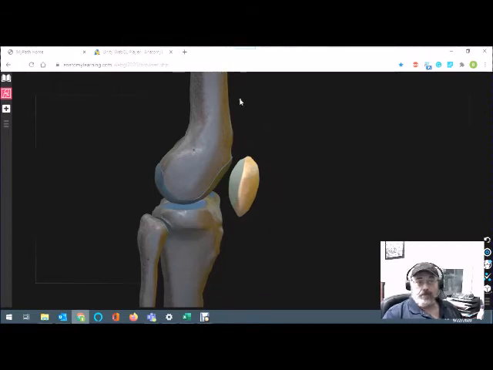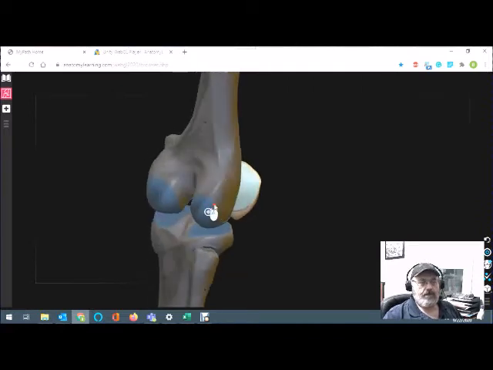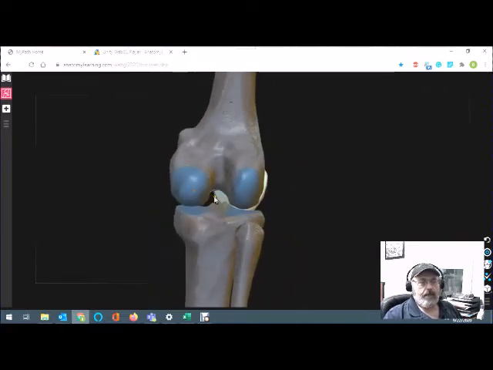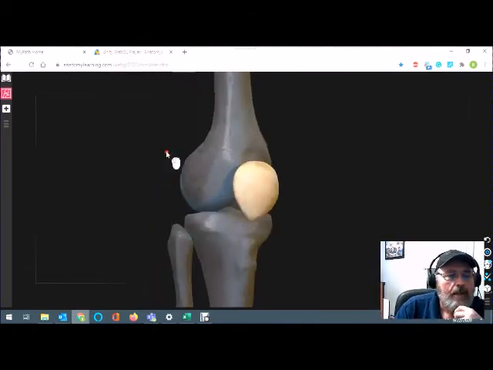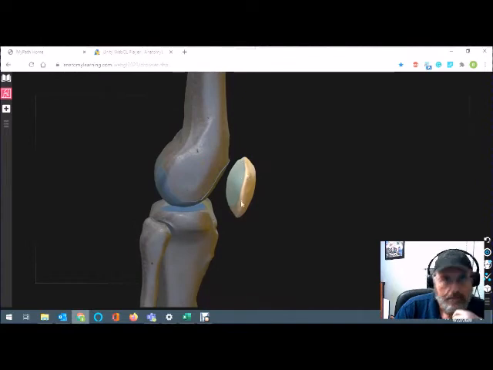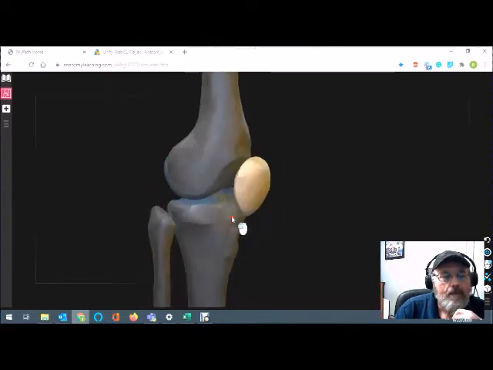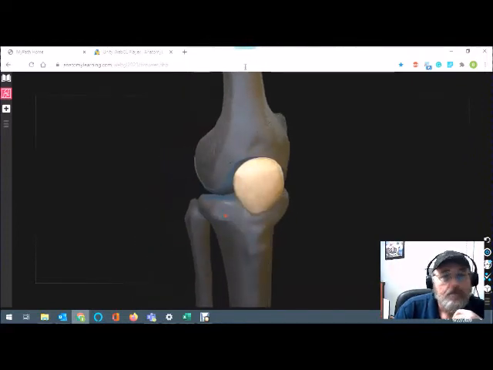Now, the reason we have this is a couple of reasons. The patella protects materials inside that joint. So those cruciate ligaments are protected. And it slides as we move our leg or move the joint. So it's got cartilage here. And those muscles of the thigh, they come in, they cross over that.